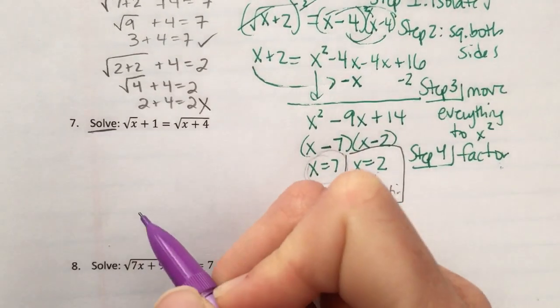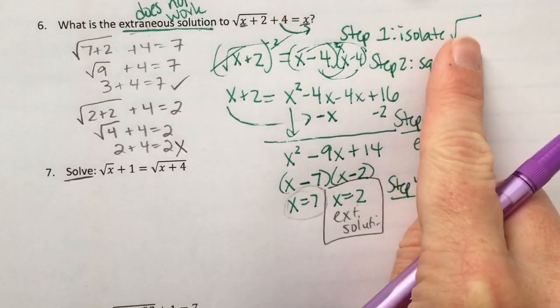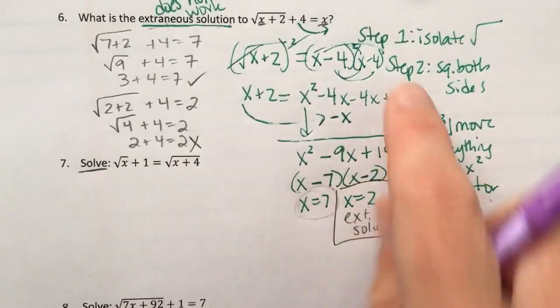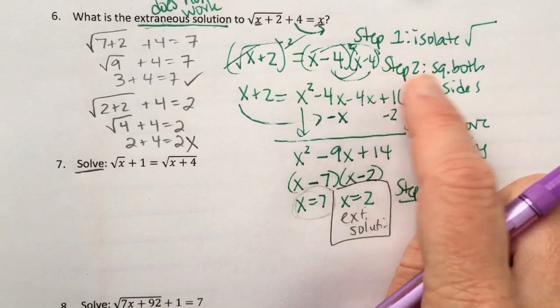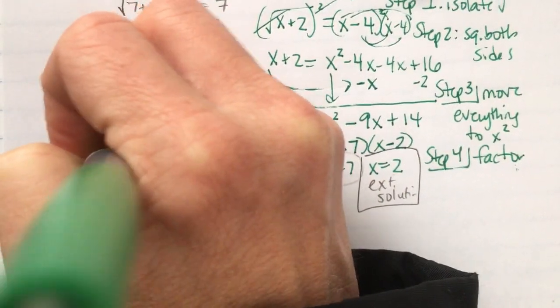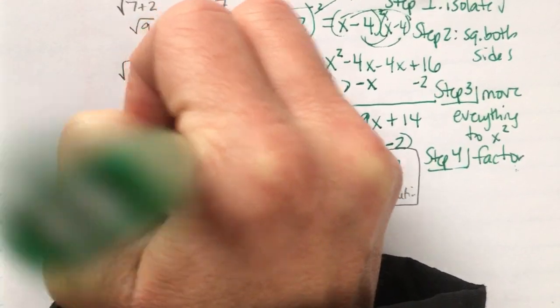All right, we're going to solve it. Remember, step 1 is to isolate the square root, but when you have 2 of them, you can't do that. So you can go ahead and skip step 1. Go to step 2, square both sides. So this is the square root of x plus 1 times the square root of x plus 1. You write it twice.